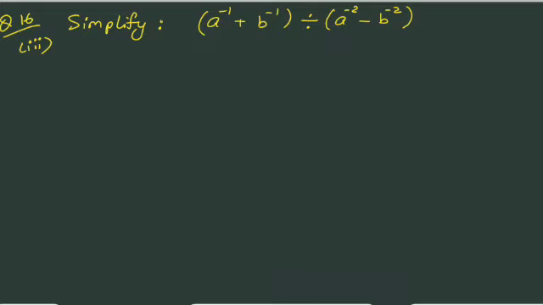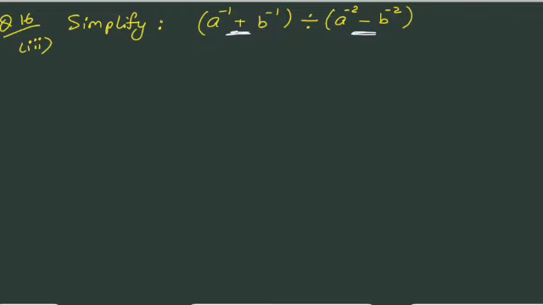If you have gone through all the rules of indices, we do not have any rule for addition and subtraction of different bases. So we cannot apply any of these rules in these two brackets separately.